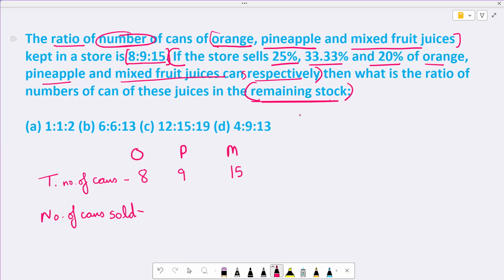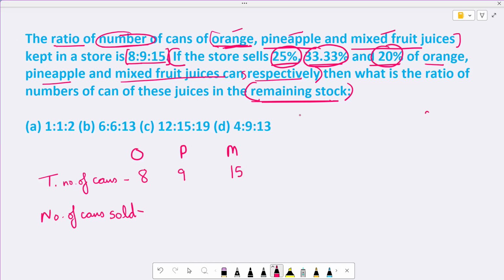Now, whenever a percentage is given, it is obvious that these percentages are of the respective juices' cans, right? So 25% of the orange juice that was present.